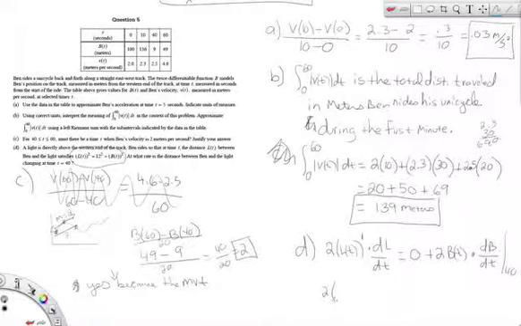So 2 times L of 40, which I have to figure out, times dL/dt, which is what I'm solving for, equals 2 times B of 40 times dB/dt at 40. Well, dB/dt is velocity, and velocity at 40 is 2.5.